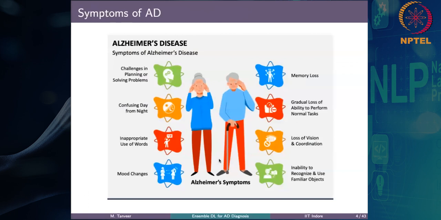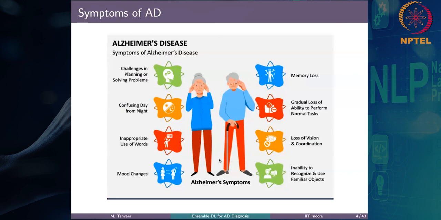Now, if we look at the symptoms, Alzheimer's disease manifests through various symptoms affecting cognitive functions. Recognizing these signs early is crucial for timely intervention and management. These are a few symptoms I can see in this slide.